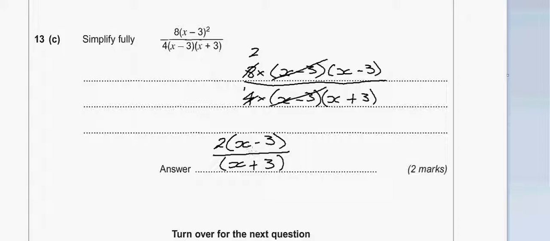So we would get 2x minus 6 over x plus 3, but we can't cancel it any more than that. So the examiners, I think, would be quite happy with that. Okay, so what looks potentially horrible really isn't, and that's shown up by this 2 mark here. Okay, so I'll pause and go on to the next one.